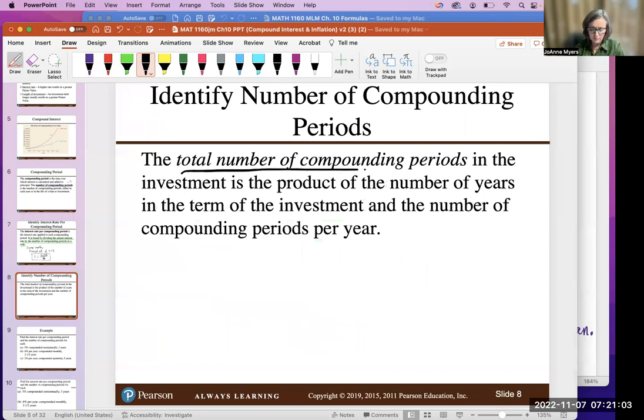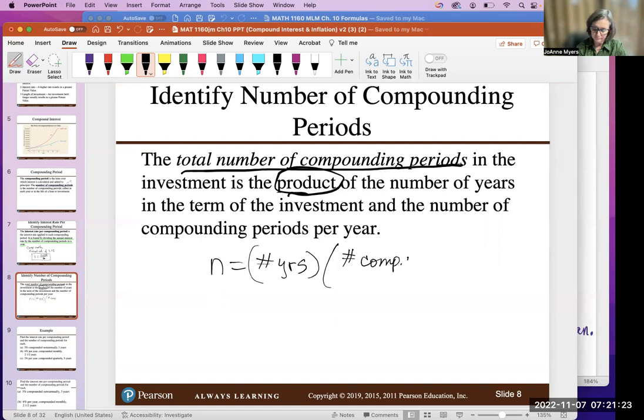The total number of compounding periods is the product, which means multiplying, of the number of years and the number of compounding periods. So N equals your number of years times the number of compounding periods per year.